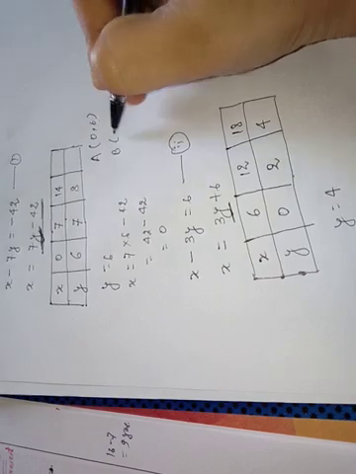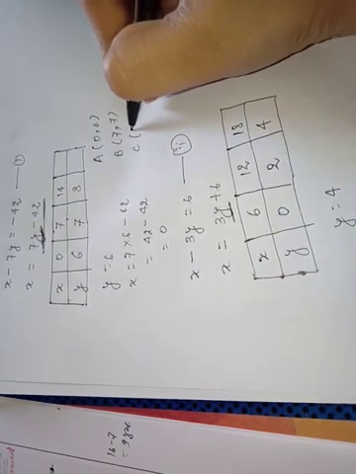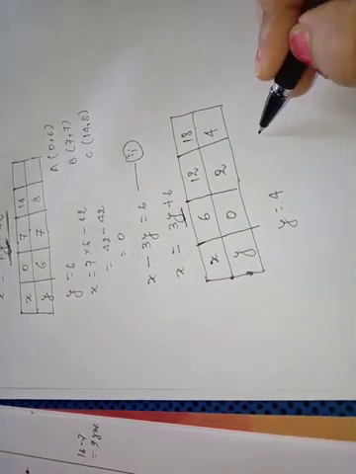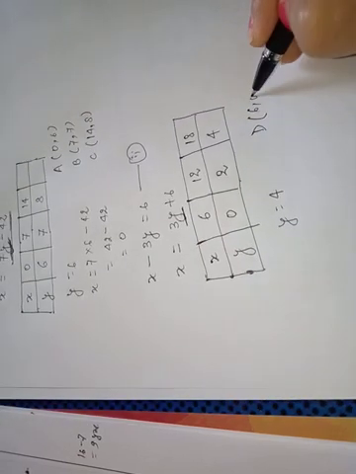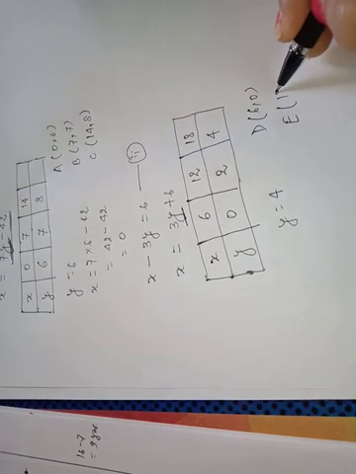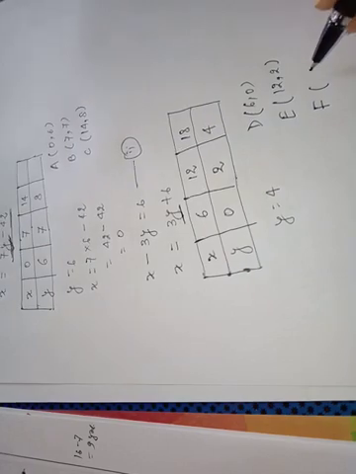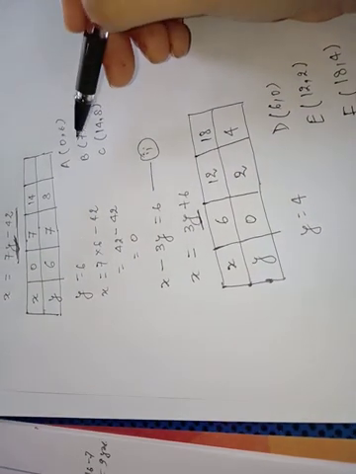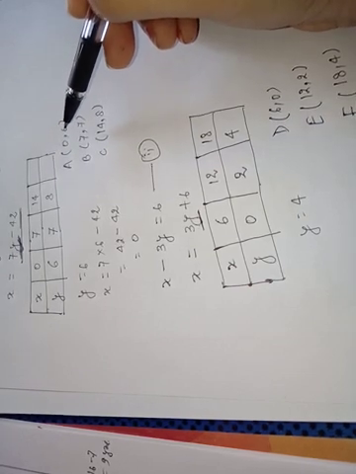The second point B is (7, 7), and the third point C is (14, 8). And here I have point D whose coordinates are (6, 0), point E with coordinates (12, 2), and point F whose coordinates are (18, 4).